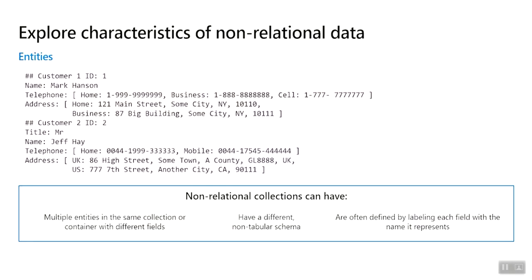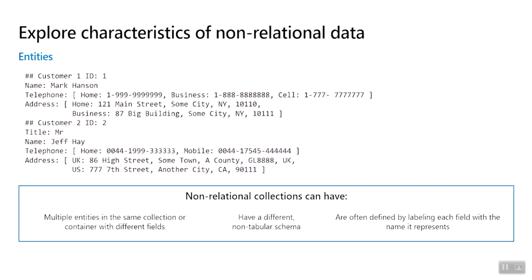If we wanted to add a new customer to this non-relational data store, it's a matter of inserting an entity with its fields labeled in some meaningful way. The application that queries this data must be prepared to parse the information in the entity that it retrieves. The data retrieval capabilities in a non-relational database can vary.